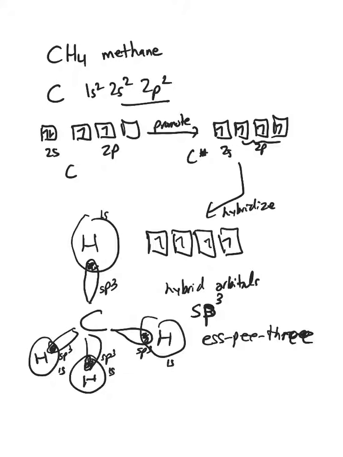And so I've got 4 bonds that are 109.5 degrees. They are tetrahedral. And so that's how we can use hybridization to talk about 2, 3, and 4 electron domains. In another video, we'll talk about 5 and 6 electron domains and how we can go about doing that hybridization.